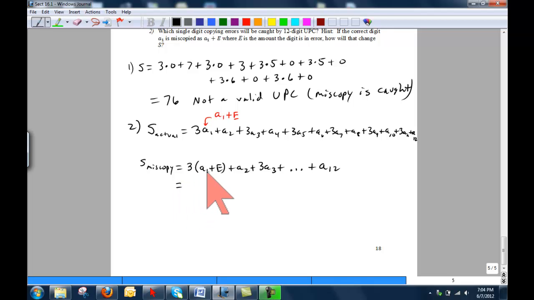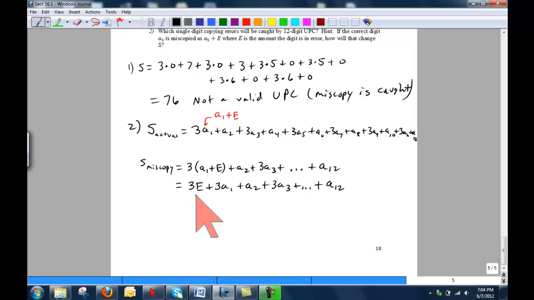Let's multiply the 3 through, and I'm going to put the 3 times E first and then the 3 times A1 second, and then the rest of it is just as before. So recopying part of it, put the dots to indicate I'm not filling in those terms, but we know what they are here. The question now again is, for which values of E is this valid?